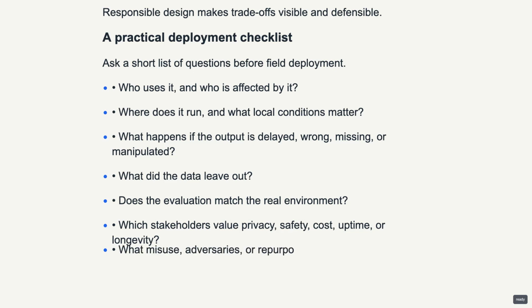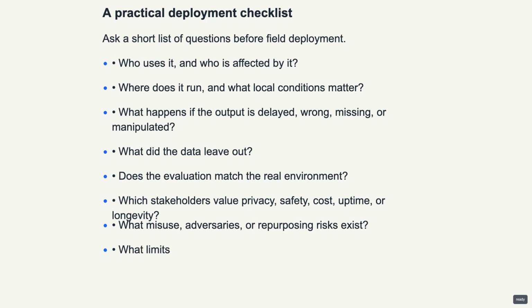A system can change meaning after deployment if someone uses it in a new or harmful way. Good design anticipates that possibility instead of assuming everyone will use it as intended. Limits need to be explicit so no one mistakes the device for something it cannot do.